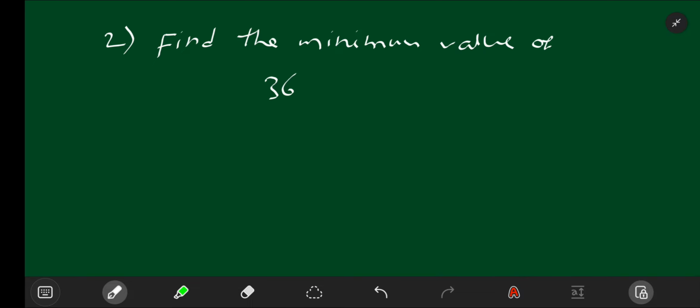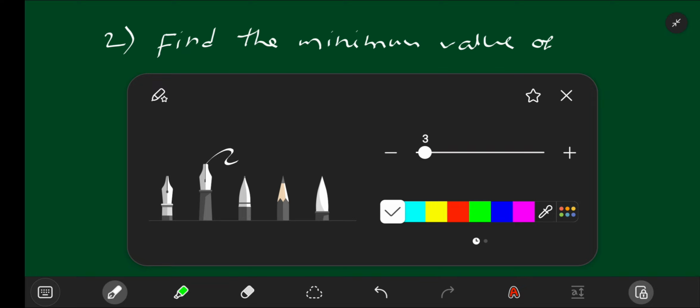Find the minimum value of 3600 sec square theta plus 121 cosec square theta. We have to find its minimum value.